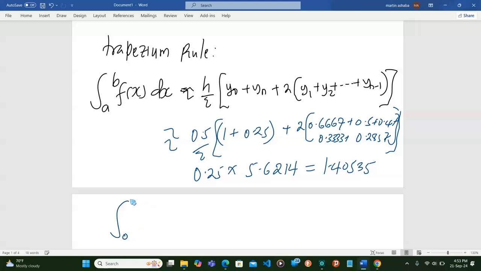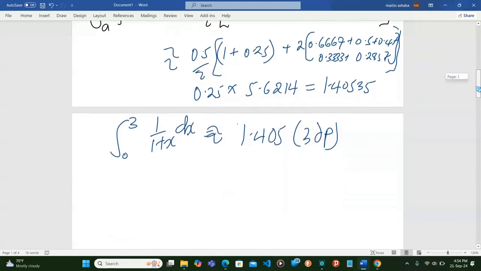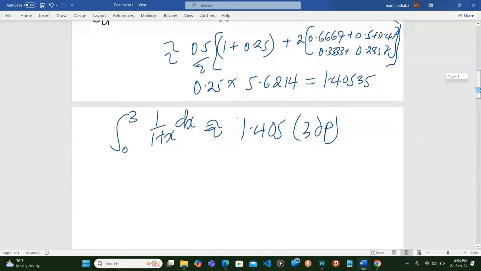If I want to put it in 3 decimal places as required, then the integral of 1 out of 1 plus x with respect to x from 0 to 3 will approximately equal 1.405. This is to 3 decimal places. If we want to try that, you can put it in the calculator and get the exact value.